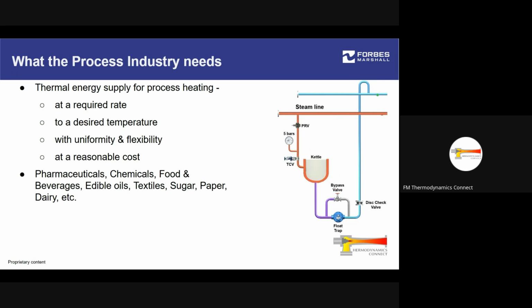So very close to saturation, but still wet steam to a certain extent. And that wet steam will interact with this inner wall of this kettle in this specific case. And there, after giving the heat of condensation or heat of boiling or heat of phase change, however you want to put it, that particular steam is going to condense into water, which we call as condensate. Okay. And that condensate needs to be evacuated immediately.